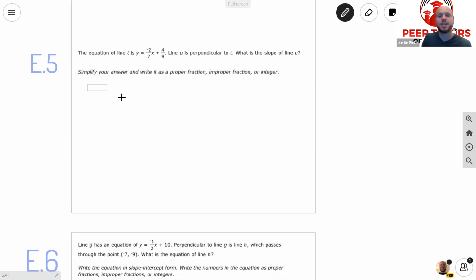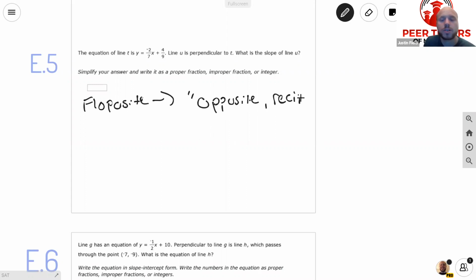I get to say my favorite word here. You want to know my favorite word? Flopposite. Flopposite. You don't hear that one outside of my classroom. Usually people use the precise vocabulary of opposite reciprocals.